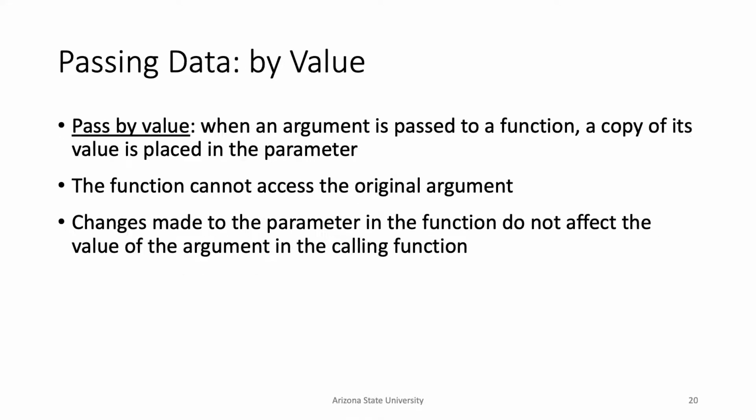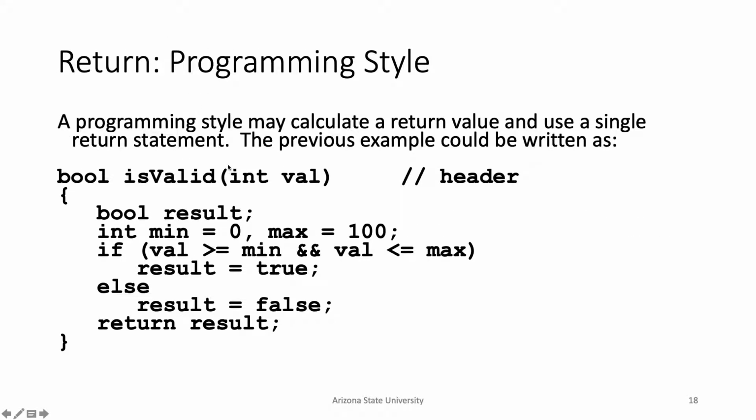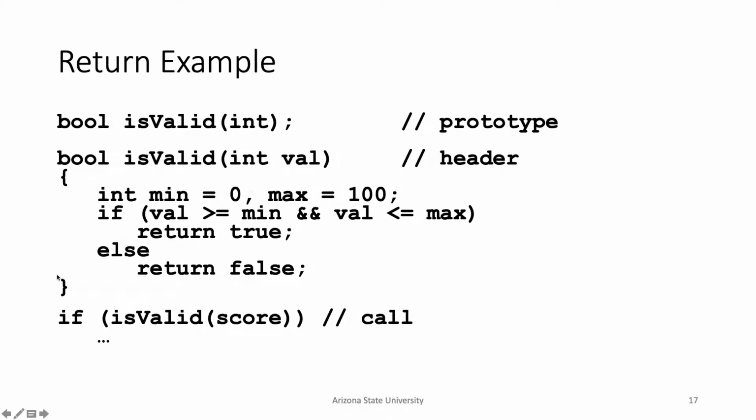So that behavior of when you have 2 separate locations, that is called pass by value. Okay? So pass by value means I'm passing the value into this function and it's copying the value to wherever the function is. So if we were looking at the function is valid, maybe let's look at this example instead. So look at the score variable here.